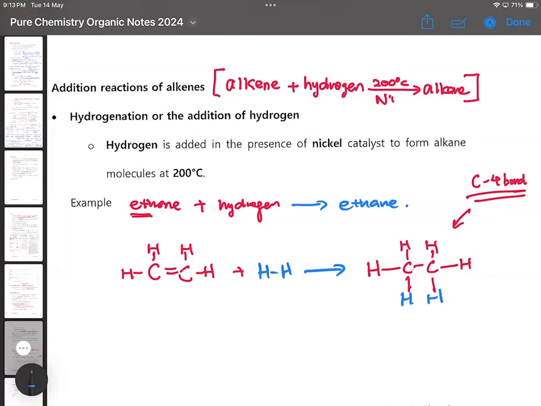This is the addition. You break the double bond and then you get the two hydrogens added into it. Any question?